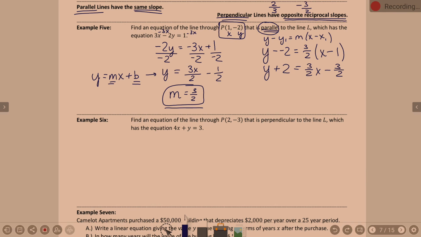If we're going for slope-intercept form, what else do I need to do? Yeah. We want y by itself, so subtract the 2 over. So y equals 3/2 x, minus 3/2 minus 2.